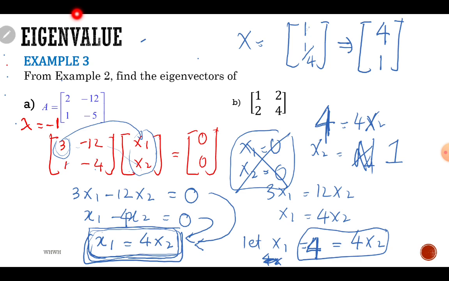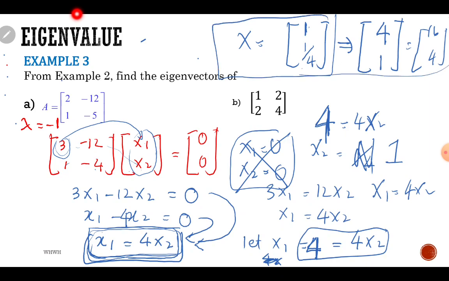You nak letak your eigenvector as 1 over 4 atau 4 and 1, ataupun you tak suka, you boleh letak 16 4 also can, because it satisfy the condition X1 is equals to 4 kali X2.